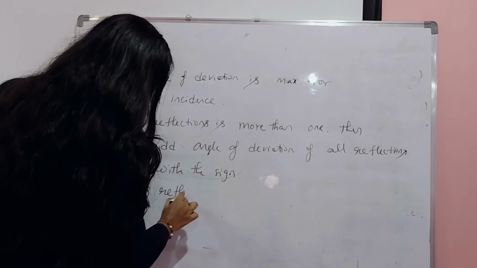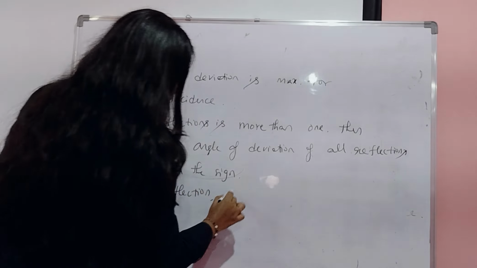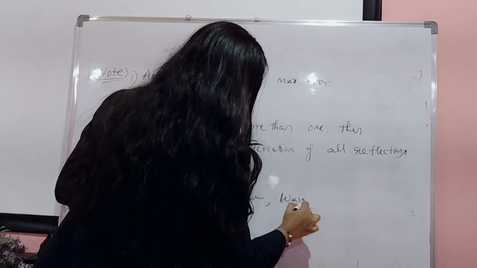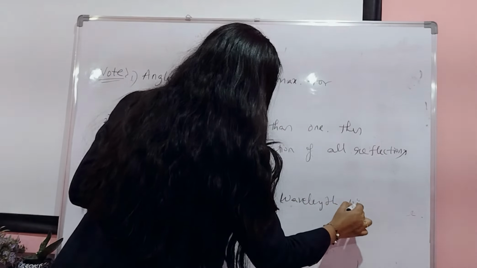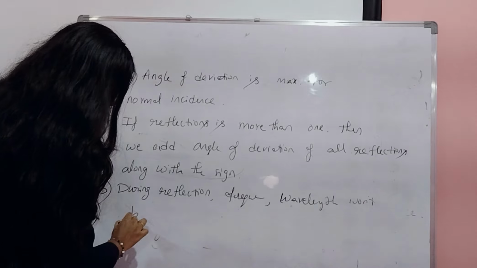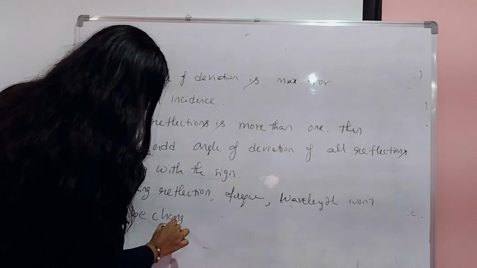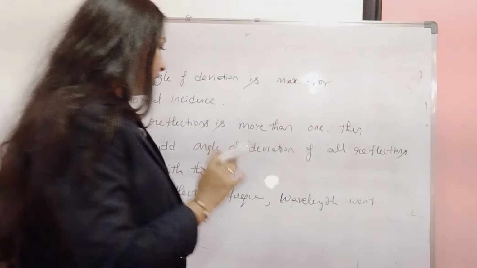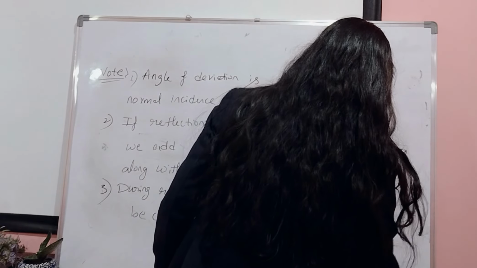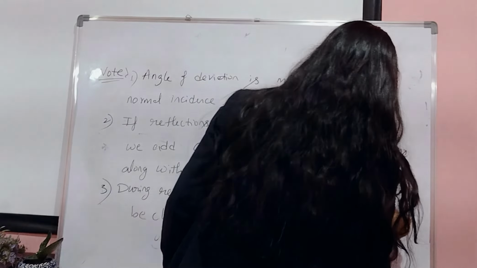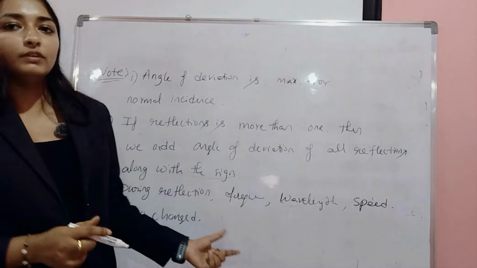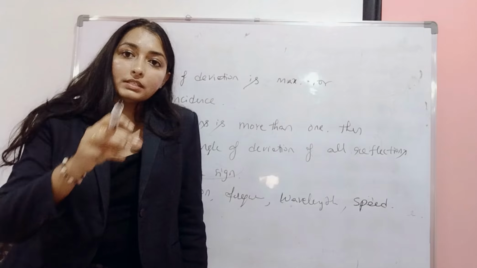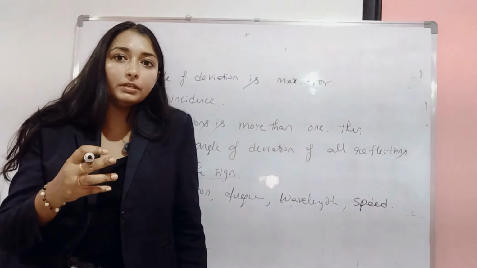During reflection, frequency, wavelength won't be changed. Okay, so why frequency? Speed also won't be changed. So frequency, wavelength, speed, they won't be changed because after reflection the light is coming back into the same medium, right?